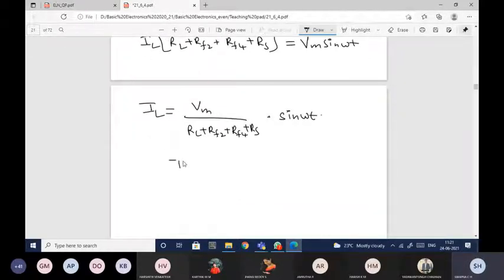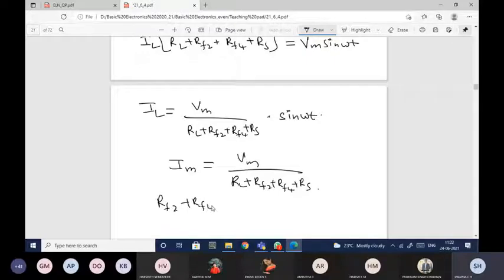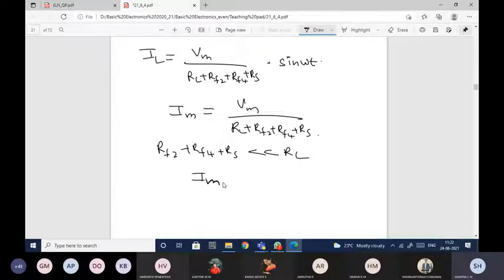Either you first take Im equal to Vm by (RL plus Rf2 plus Rf4 plus RS), where Rf2 plus Rf4 plus RS is very much less than RL. So your Im will be equal to Vm by RL. So we just substitute it. So IL is equal to Im sin omega t.